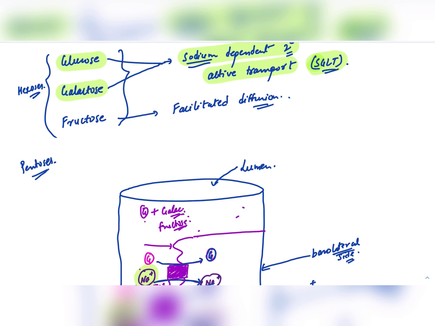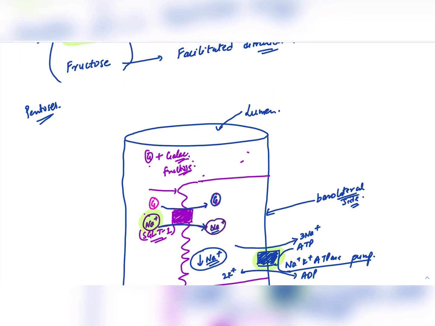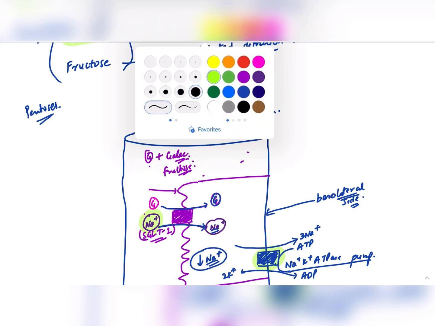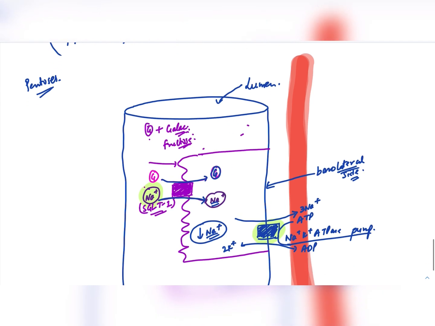Now the glucose has come inside the intestinal epithelial cell. If you are talking about absorption, glucose has to travel up to the bloodstream. So suppose these are the capillaries nearby the intestinal cells. There are special transporters known as GLUTs, which are located in the basolateral side of the intestinal epithelial cell.